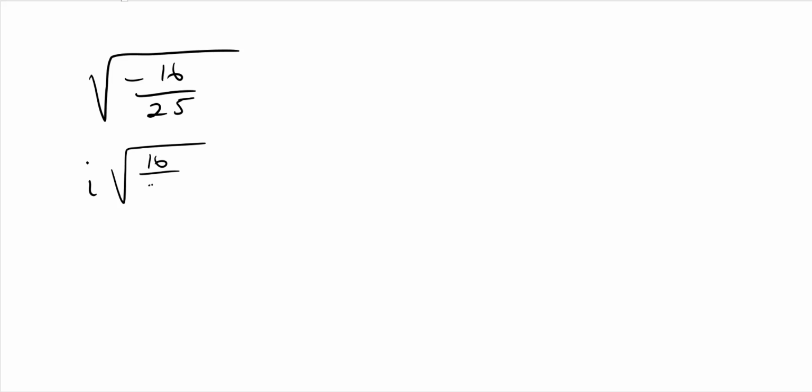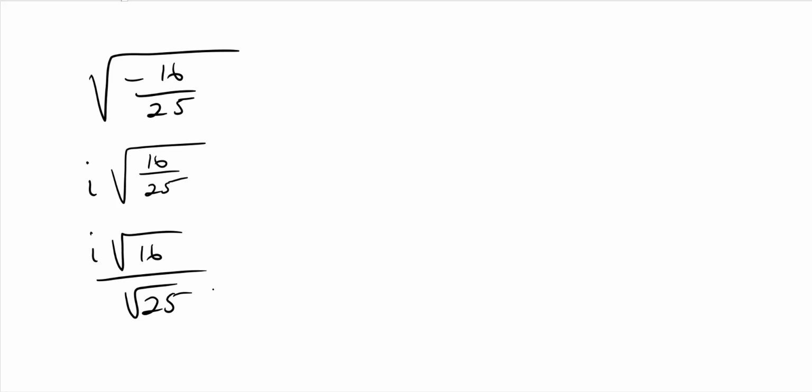So if I said like the square root of -16/25. Okay, you guys, again, pull that negative out right away. i. And then you got 16/25. Okay, so you guys should recognize 16/25 is square root of 16 over square root of 25.